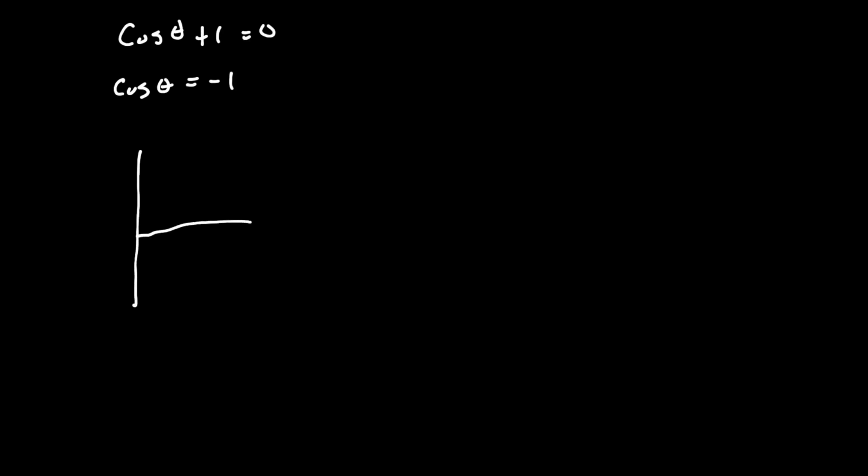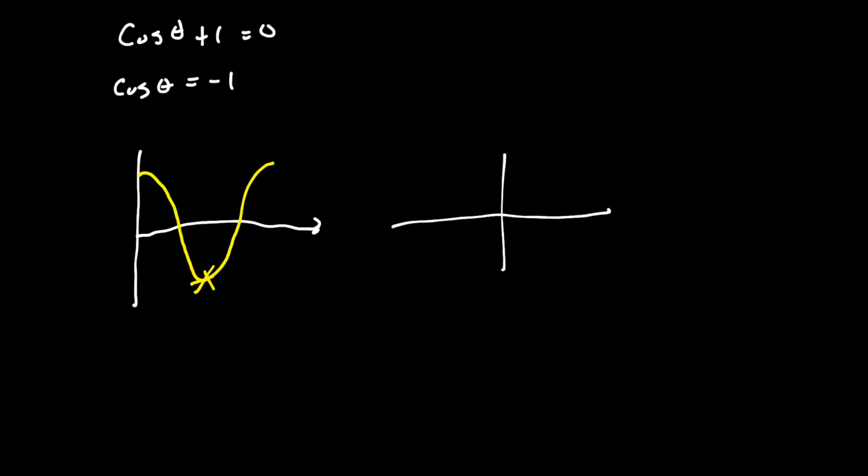There are a few different ways that we can solve this, but again, remember, we're only looking at theta values between 0 and 2 pi. So if we wanted to go ahead and draw our graph, the graph of our function would look something like this, and we only have one value that makes this a negative 1. And writing this as a unit circle, the only value that makes our cosine a negative 1 is this angle here.